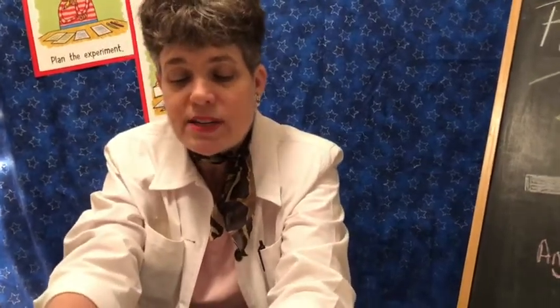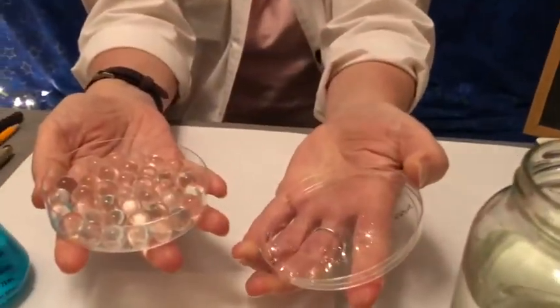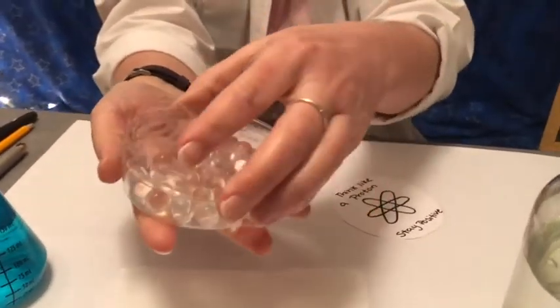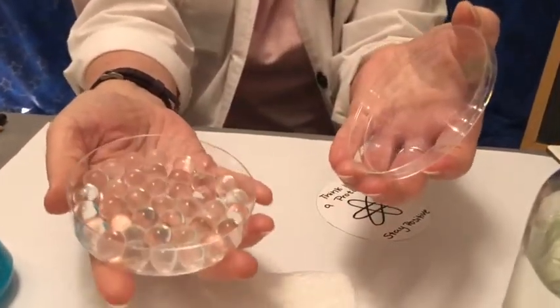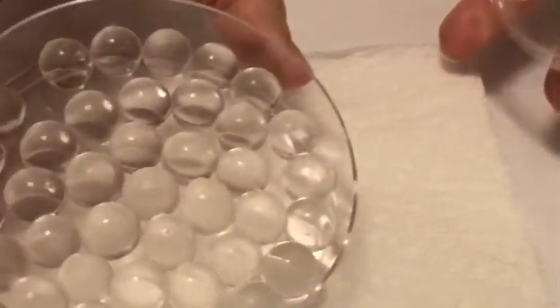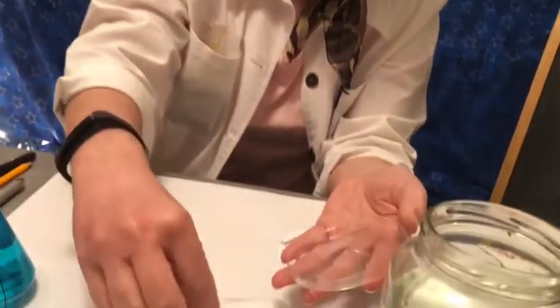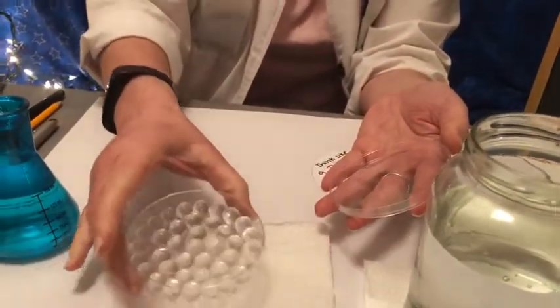Now, what I'd like for us to view is, what type of dish do I have here at this point? Correct, it's a Petri dish. And there are some materials in this Petri dish. Can you see what that would look like? Yes, and one observation is that they're spheres, like round little balls, and you can see through them.